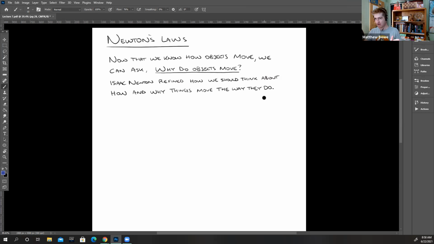We know all about velocity, and a change in velocity is an acceleration. But what causes all of these changes? What we want to know is how and why. And that's where Sir Isaac Newton refined the way we think about motion from its very core.